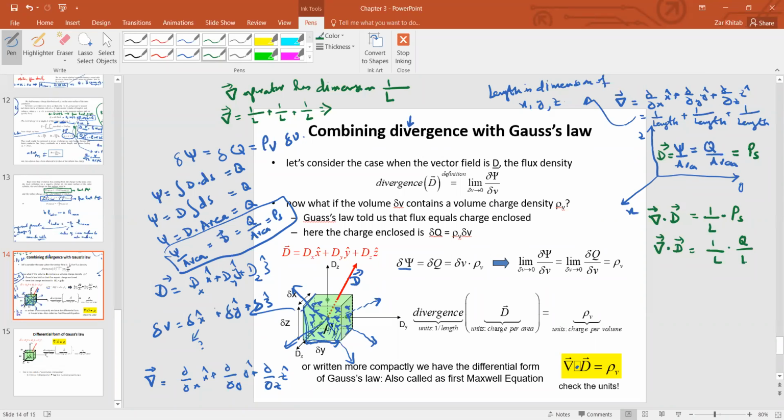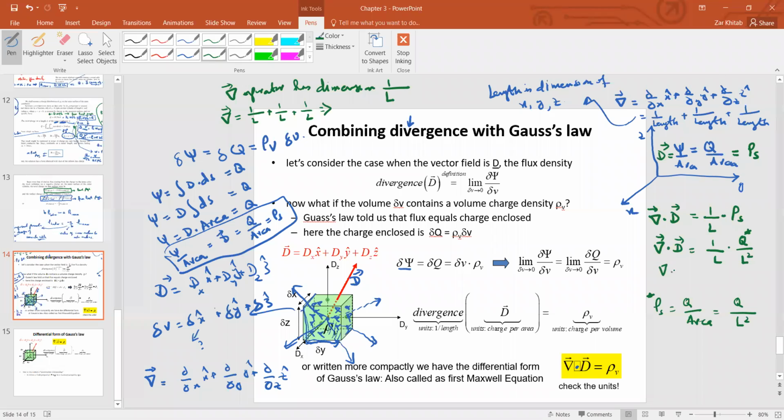Rho s is how much? Rho s equals charge divided by area, which equals charge divided by length squared, right?